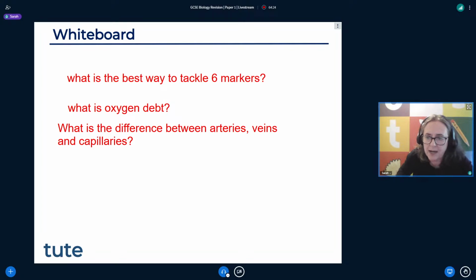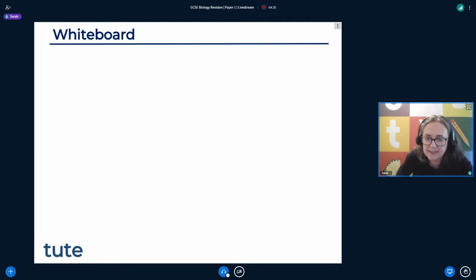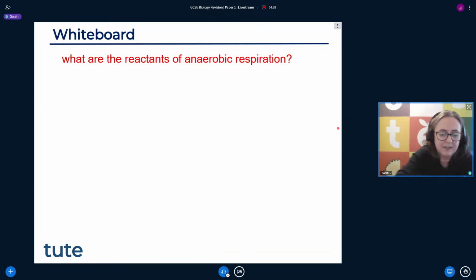I'm going to go to the next slide, give myself a bit of space, because to understand the difference, a text box. So, what are the reactants in aerobic respiration?